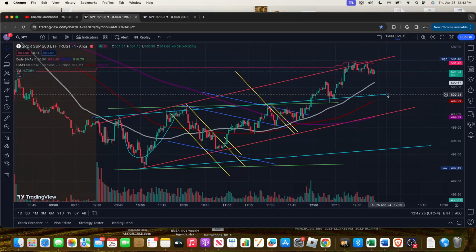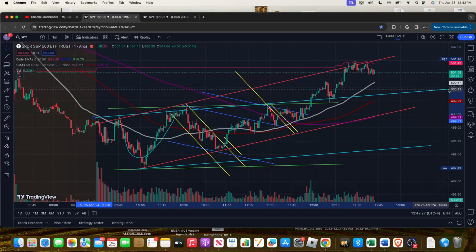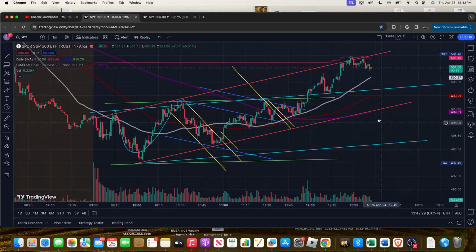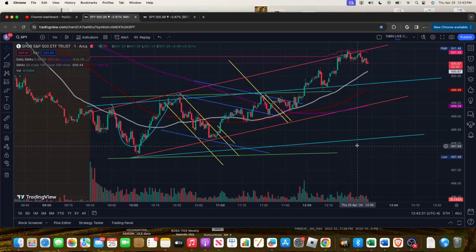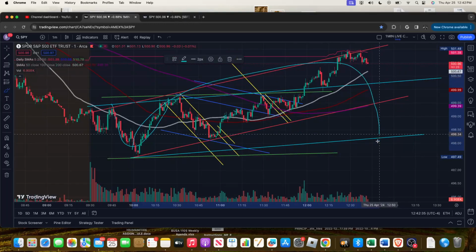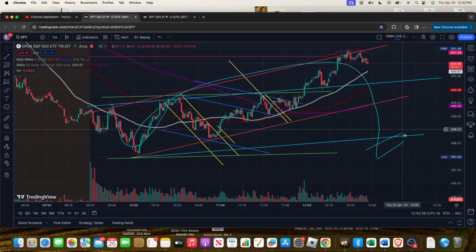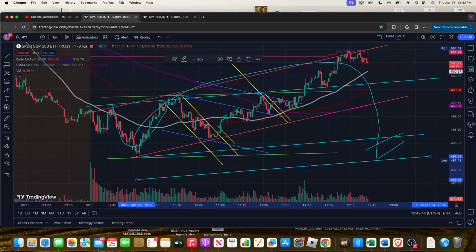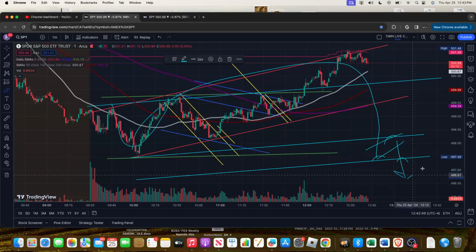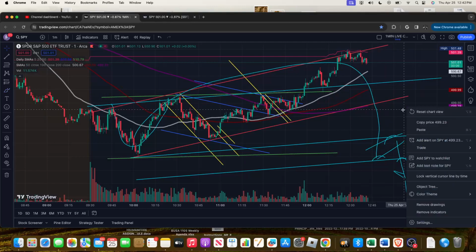So what would happen is it would ray all the way down, and then the handle, right? So then it would be a microstructure, so it would be like that. Then the handle, bam, that brings us all the way down to the 480s right there. So yeah, that's the play.